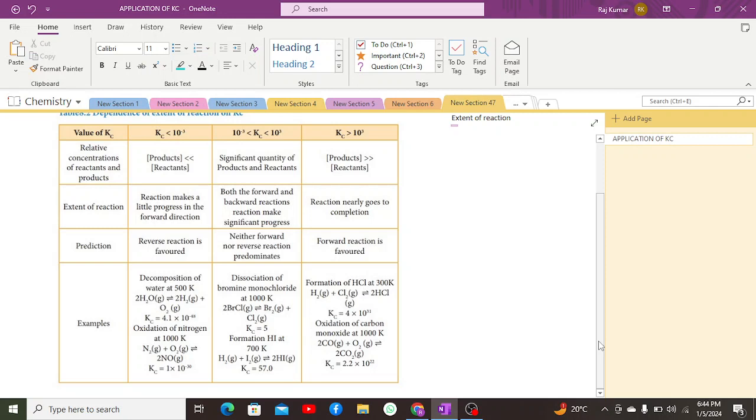Similarly, the formation of hydrogen iodide at 700 Kelvin shows a Kc of 57, which means again it will not go to completion, and it cannot be a useful process, because a prolonged period in which equilibrium is maintained can lead to industrial problems, which we will discuss in some of our next videos as well.